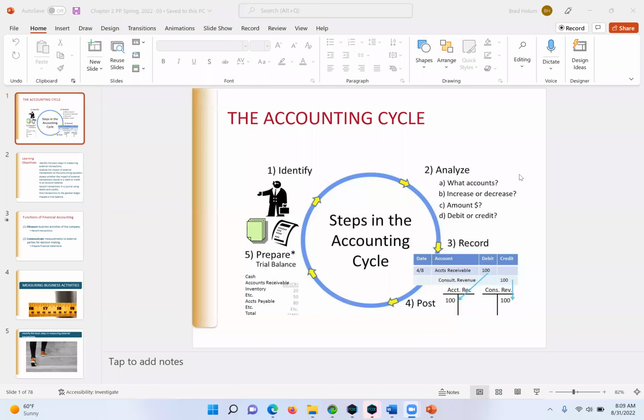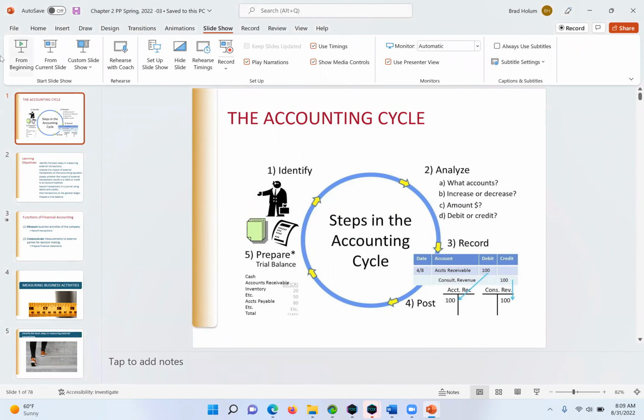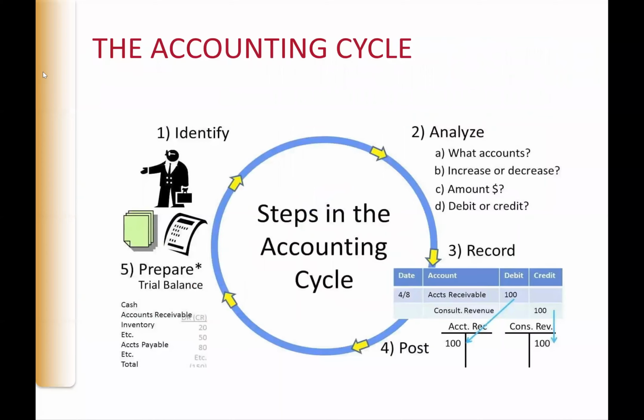Okay, greetings everyone. We are finally going to chapter 2 in this course. So last week was really a big overview as to the accounting cycle and why we have accounting, because we're communicating, we're measuring transactions and we're communicating them in the form of financial statements to the end user.